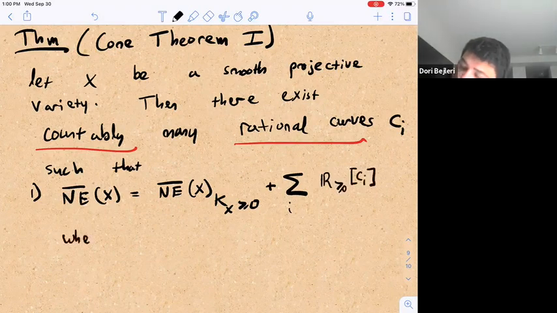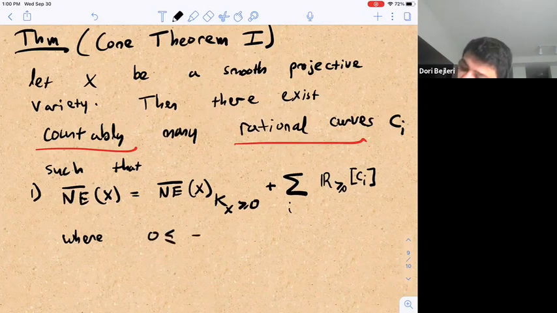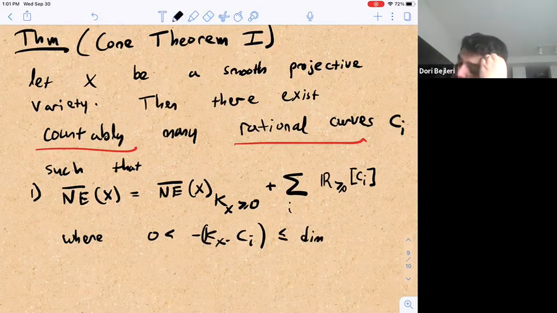where the intersection of the canonical with these rational curves is negative, which is implicit in this decomposition, but we actually know more. We know how negative it can be. So 0 is strictly less than minus K_X dot C_i, which is strictly less than the dimension of X plus 1.